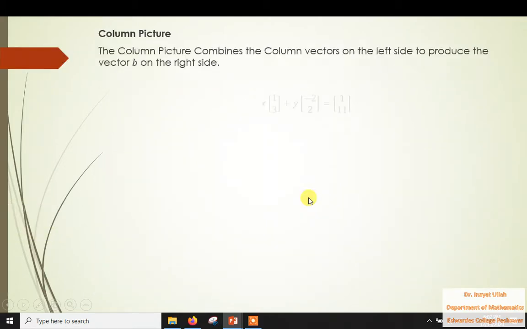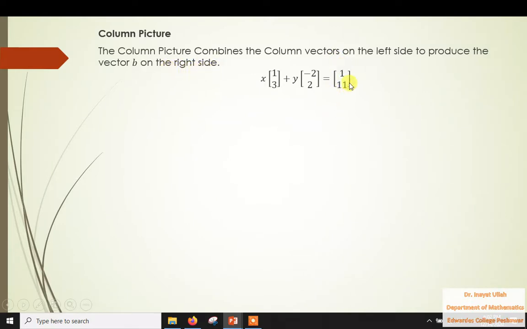This is x times one column vector, plus y times another column vector, equal to the right-hand side column vector. So this is called the column picture. The first column into x, the second column into y, when combined, when adding these two, give the right side, vector b.